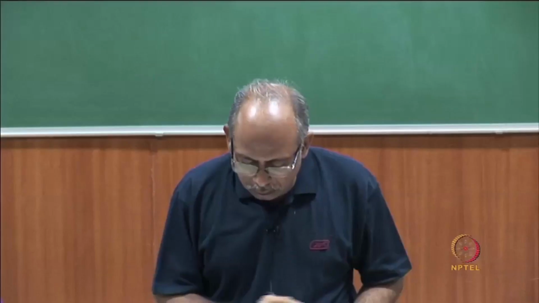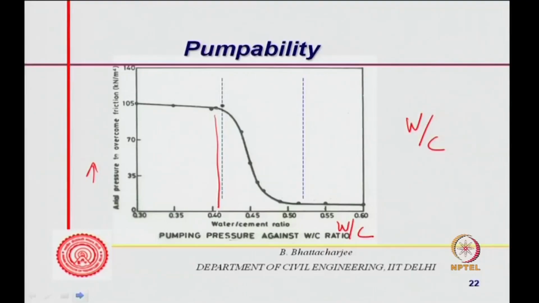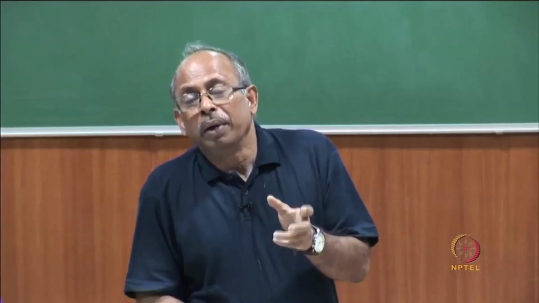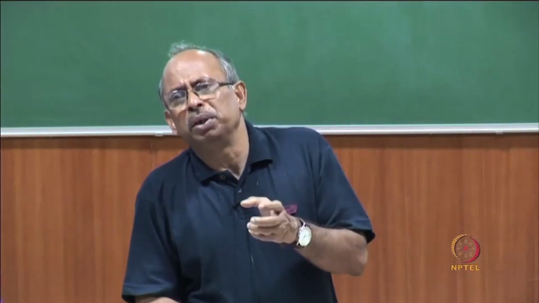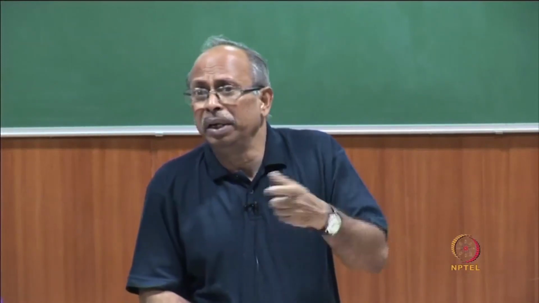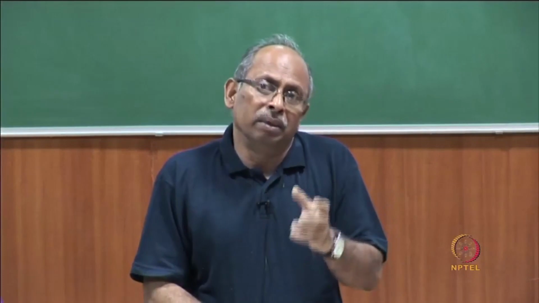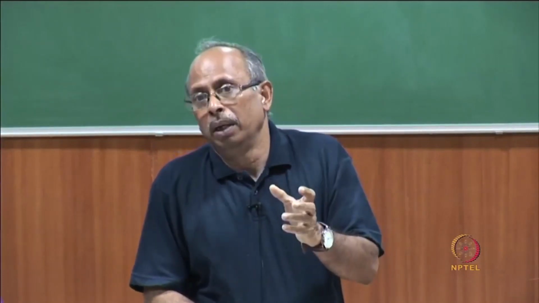You can divide it into 3 zones. In the first zone, your pumping pressure is pretty high. This is an unsaturated situation, because you have less water and more solid, so the water to cement ratio is low, in other words, the water to powder ratio is low. That means water is not sufficient to make the paste flowable.